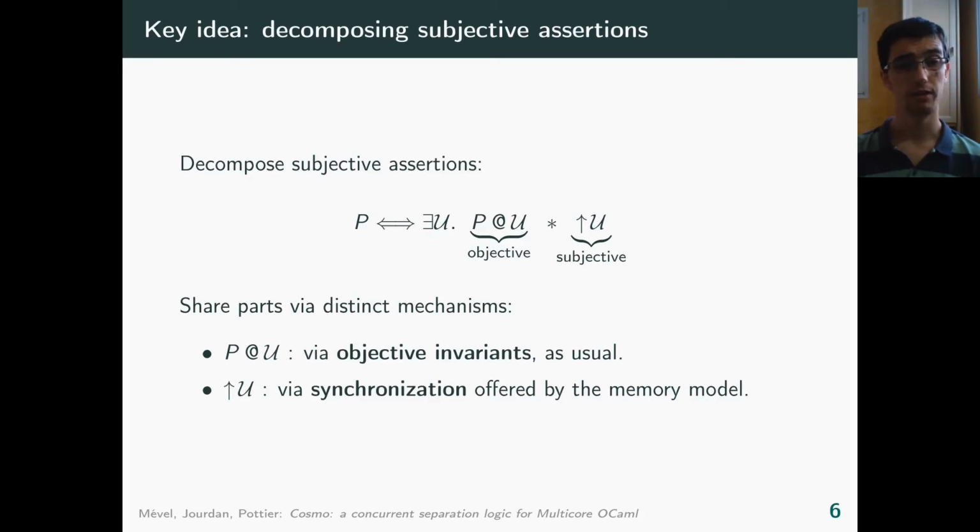The first part, P at u, is objective, so it can be shared via an invariant, just as in usual concurrent separation logics. Regarding the second part, sharing upper-row u means exchanging information about write events between threads. So in other words, it means synchronizing. So we will rely on some form of thread synchronization that is provided by the memory model.